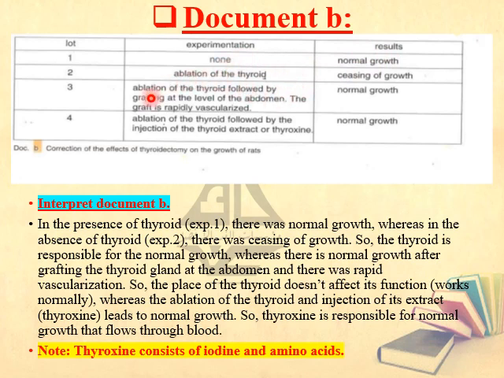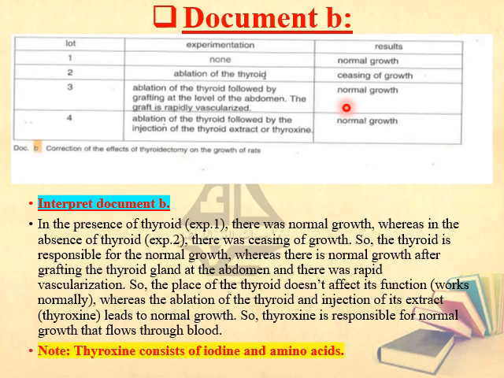With respect to experiment 3, it's very important. It's showing you that if the thyroid gland was removed, but it was grafted at any place in our body and being vascularized, your body will not be affected by the ablation, and wherever it was placed, there will be no problem.